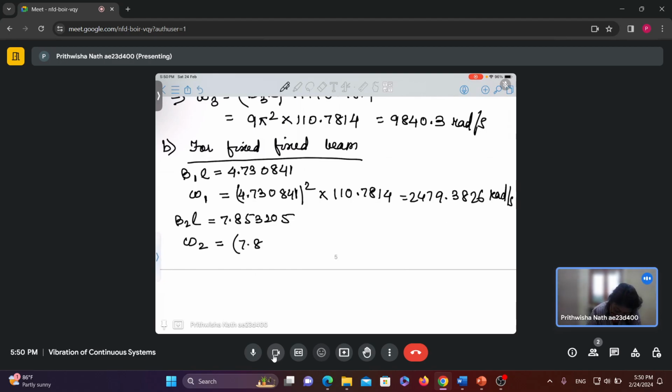So 7.853205 squared, for the second natural frequency, comes out to be around 6832.2023 radians per second.